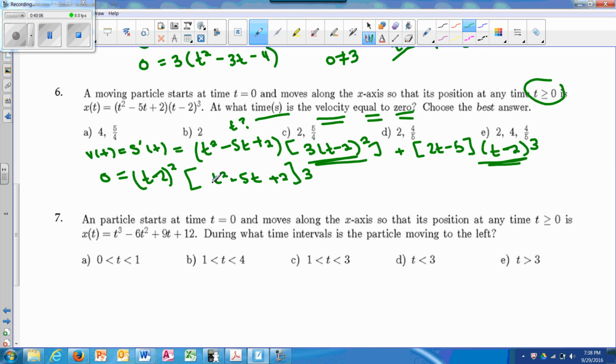So we need the position at time 3 minus the position at time 2 over 3 minus 2.